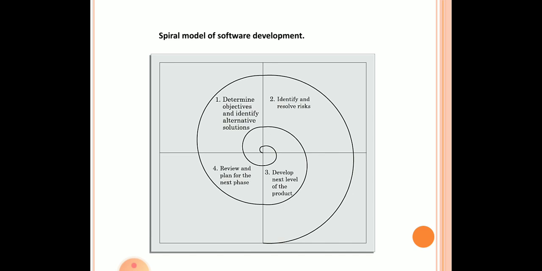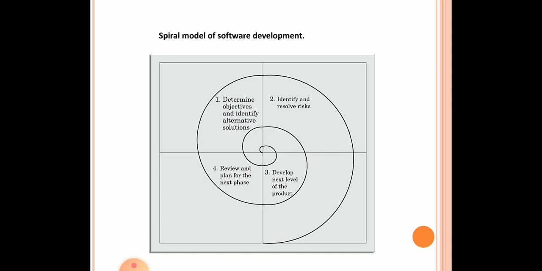We also identify alternative solutions possible for the phase under consideration. This forms the first quadrant in the spiral model. In the first quadrant of the first loop itself, the team analyzes and identifies the features of the software, and they also analyze the risk involved in meeting the objectives of the phase.